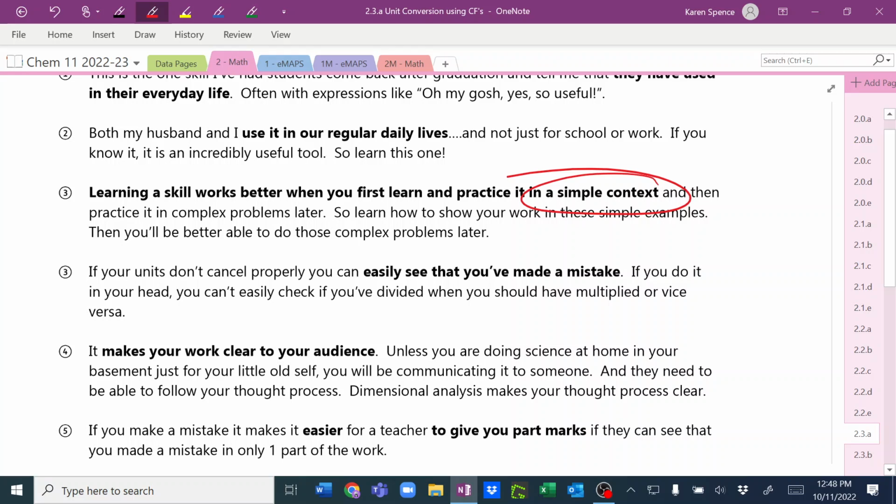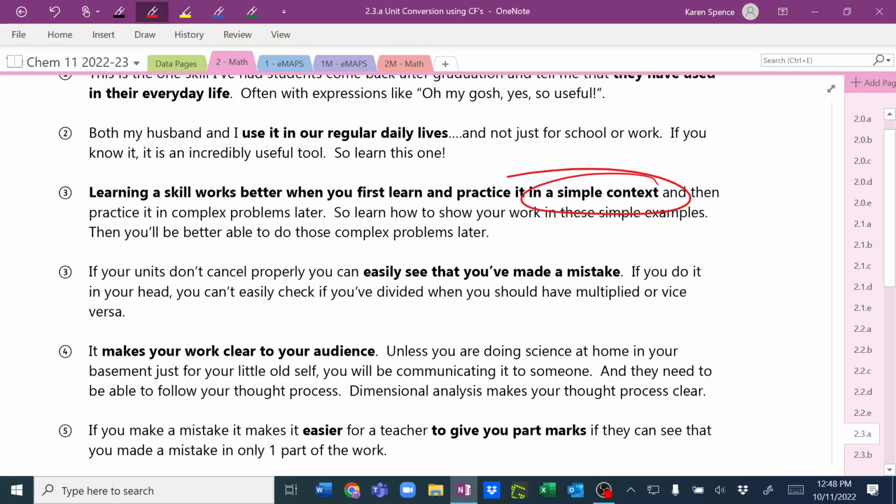Why would I bother writing all of this down? It's so that you can learn to use a method when the numbers are really easy. So when you get to an example where the numbers aren't easy, the method will be like, oh, I know how to do this. I can crank through these complicated things because I've learned it in a very simple context.